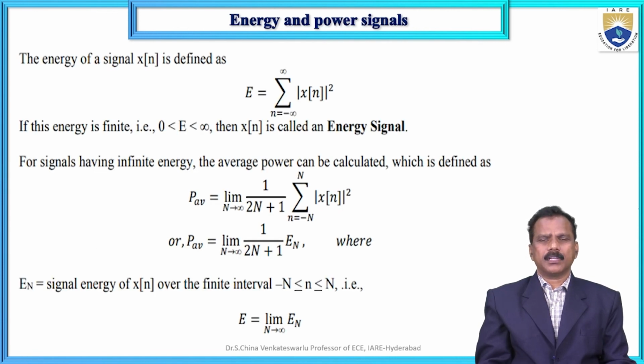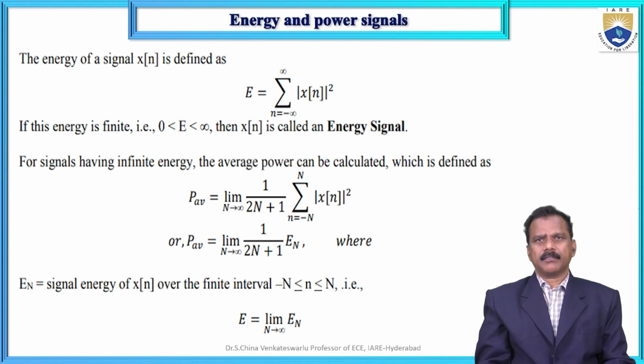The energy of the signal x of n is defined as E equal to the summation from n equals minus infinity to plus infinity of mod x of n squared. If this energy is finite, that is 0 less than E less than infinity, then x of n is called an energy signal.